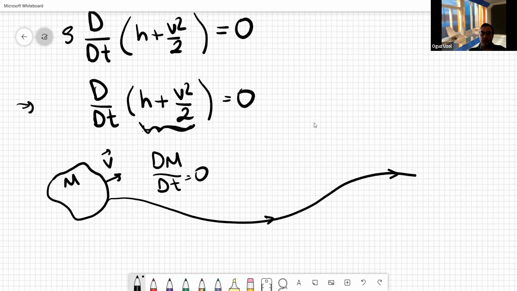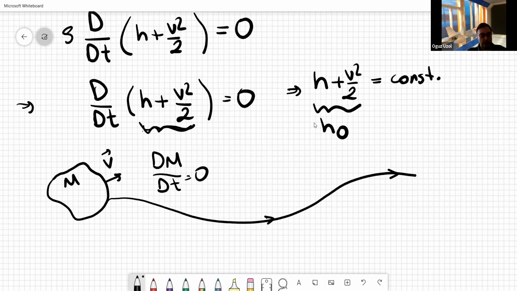Its mass does not change, and this quantity does not change either. So h plus v square over 2 is basically a constant, and we call this quantity the stagnation enthalpy, H0.